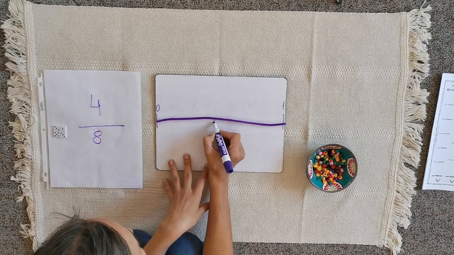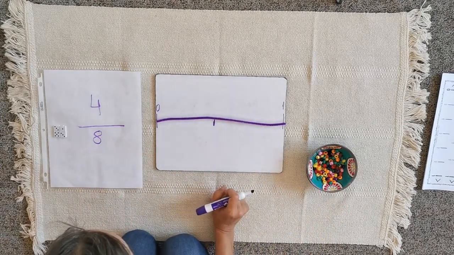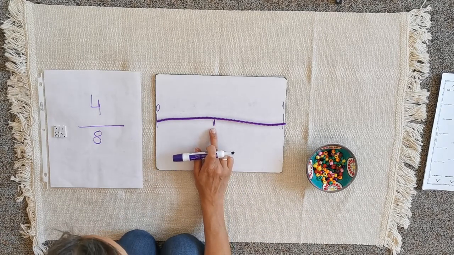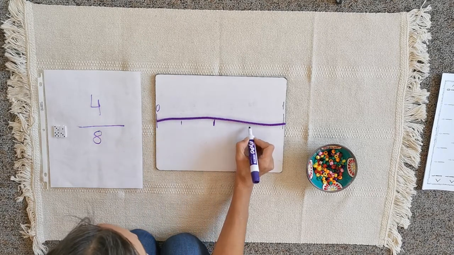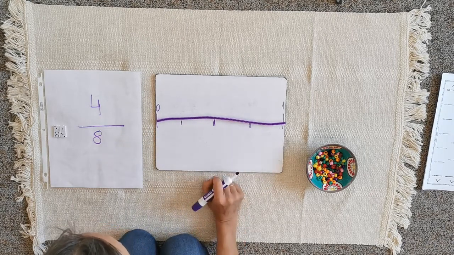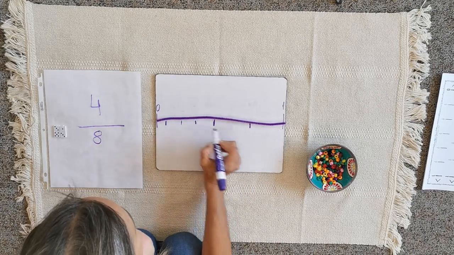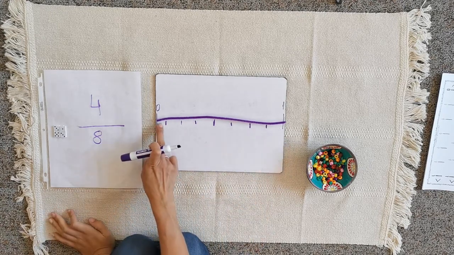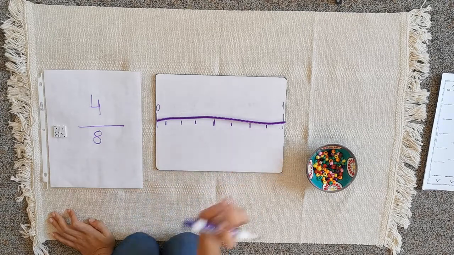And if you did your fraction strip work yesterday, you will follow the same strategy. Find the middle, then do the fourths of the quarters, and then another time. 1, 2, 3, 4, 5, 6, 7, 8.